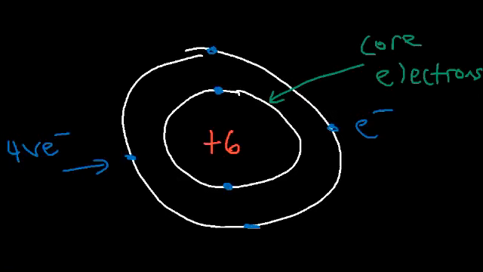Elements in group 4A typically have 4 valence electrons. Alkali metals, which are found in group 1A, contain 1 valence electron. Alkali earth metals, group 2A, contain 2 valence electrons. The halogens, which are in group 7A, contain 7 valence electrons. So you can find the number of valence electrons based on which group the element is located in.